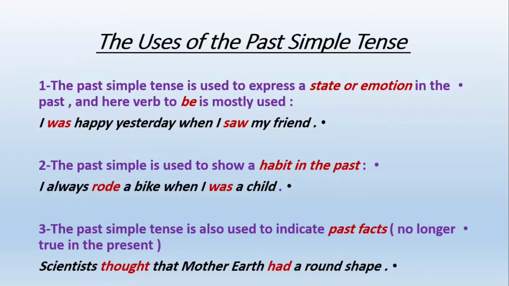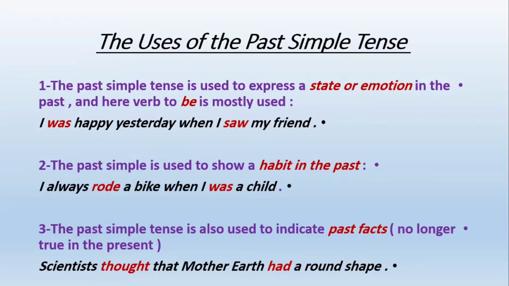Okay, so what do we mean by a habit in the past? Number three, the past tense is used to indicate past facts. And by past facts we mean they are not believed now. They are not true now. They are proved to be incorrect now. Like, for example, when we say scientists thought that Mother Earth had a round shape.